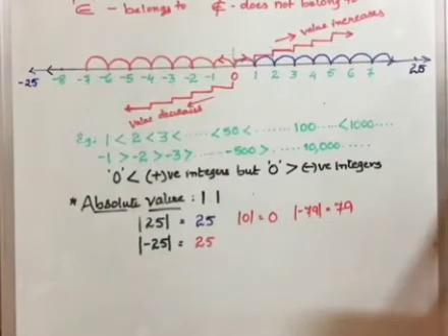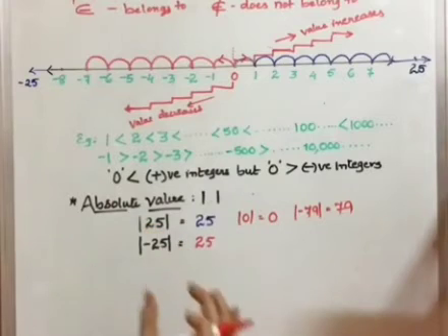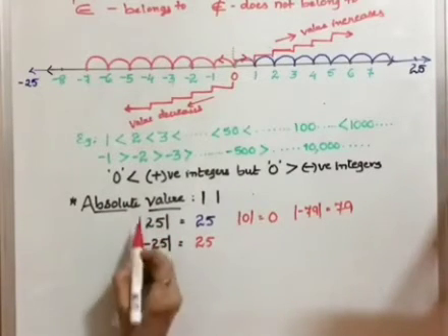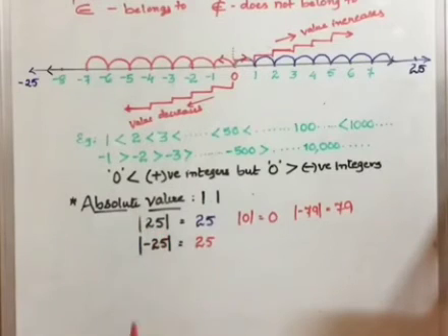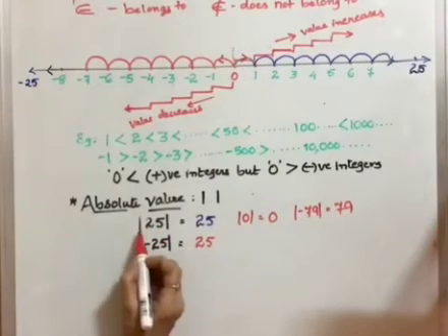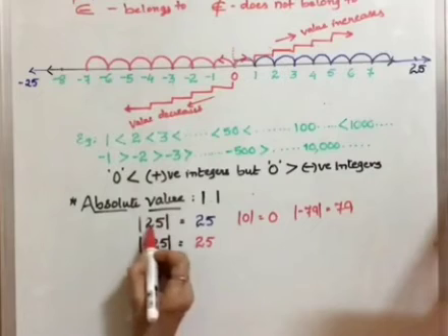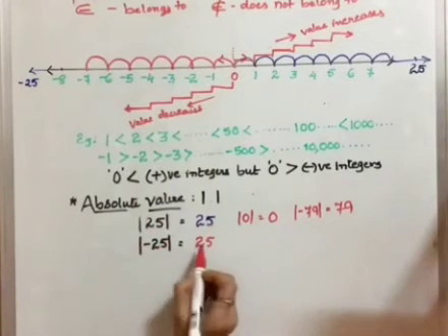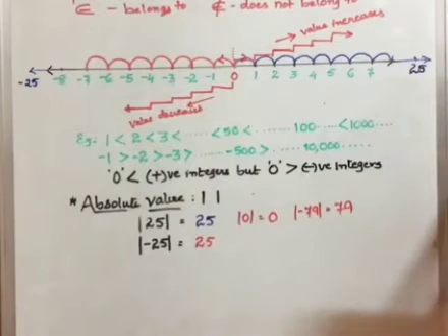When we are learning fundamental operations, this knowledge of absolute value comes handy. How do we read this? The two vertical lines represent absolute value. Absolute value of 25 is 25. Absolute value of negative 25 is 25. Did you understand? Please make a note.